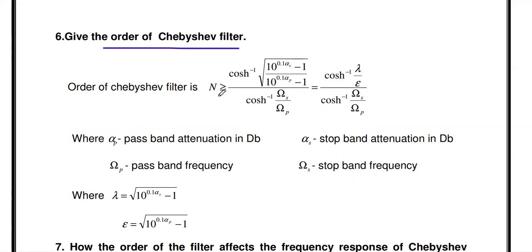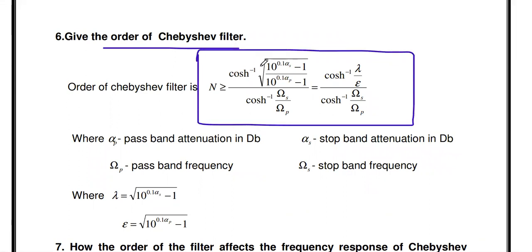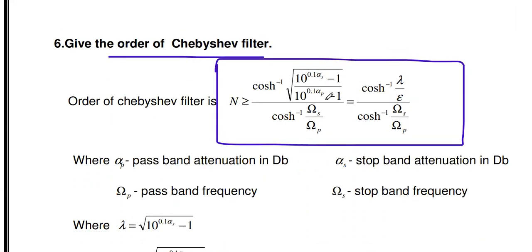So for Chebyshev filter, the order formula is n is equal to cosh inverse of square root of (10 to the power 0.1 alpha s minus 1) divided by (10 to the power 0.1 alpha p minus 1), whole thing divided by cosh inverse of omega s by omega p. So we may use this formula, or otherwise this 10 to the power 0.1 alpha s minus 1 is called lambda, and the square root of this is said to be epsilon. So we may use this formula also.